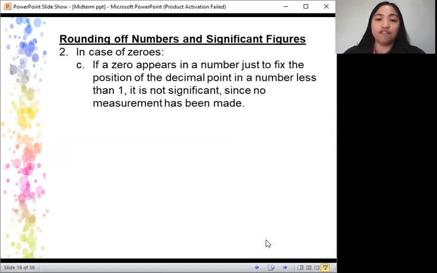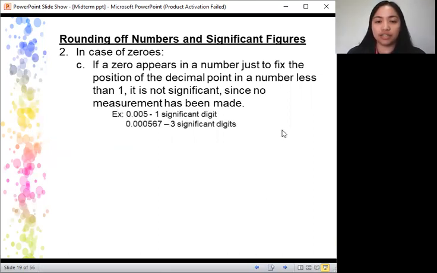Next is, if a zero appears in a number just to fix the position of the decimal point in a number less than 1, it is not significant since no measurement has been made. So for example, whether it is on the left side or the right side of your decimal, if there is no non-zero digit before it, it is not significant.